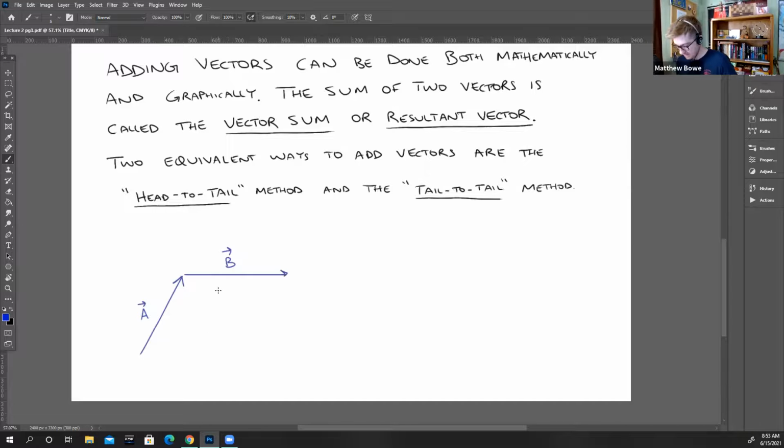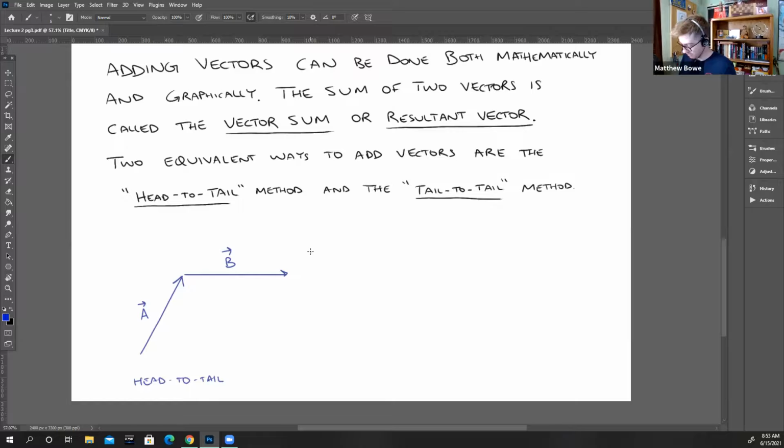This is the head to tail method. We can see that I start here at the beginning of vector A, and I end up over here, the very last part of vector B. So by adding these two things together, I can find the total displacement, which is just this.